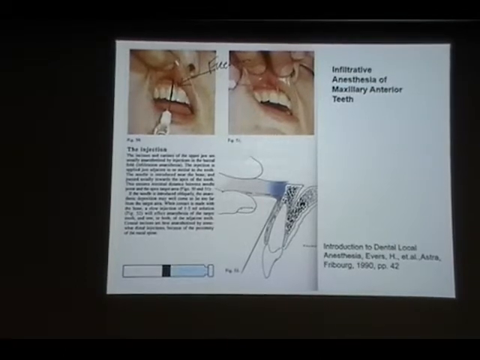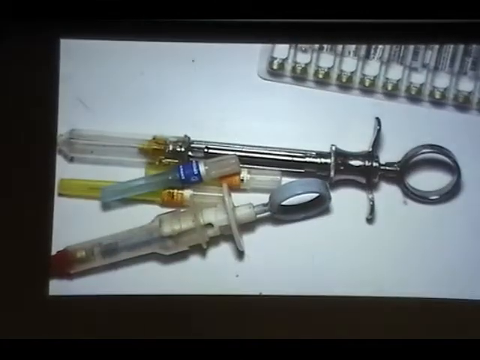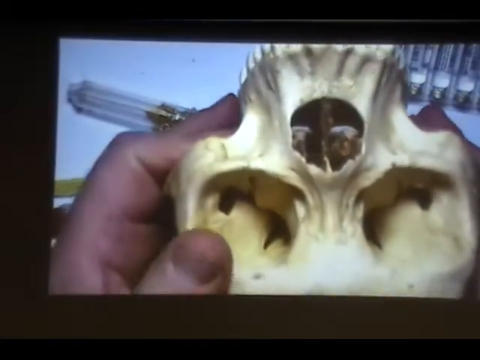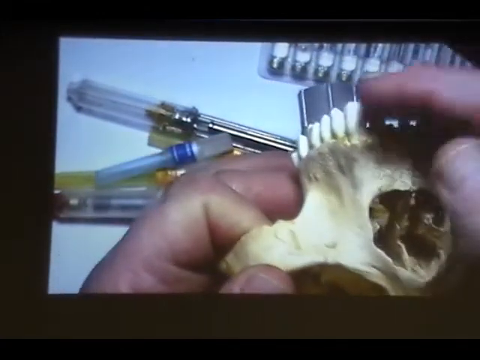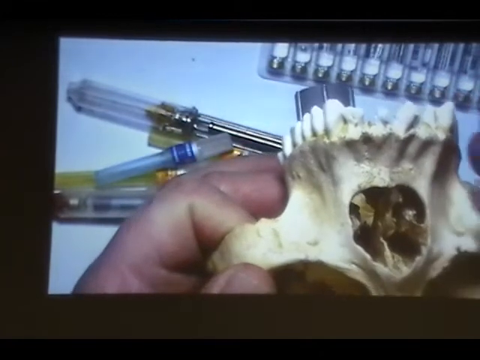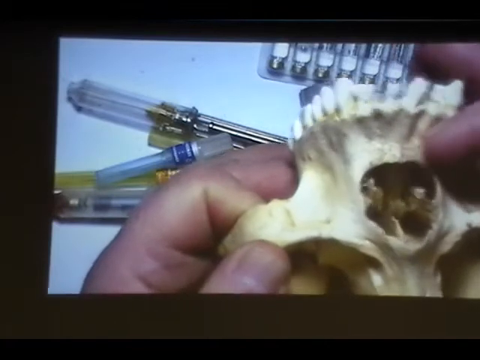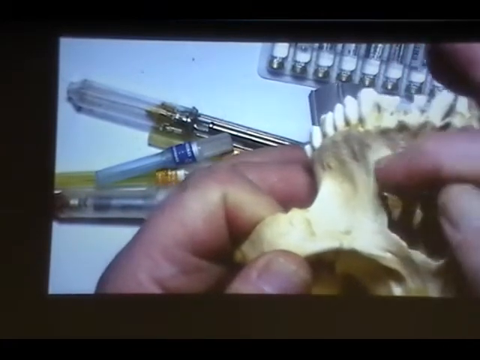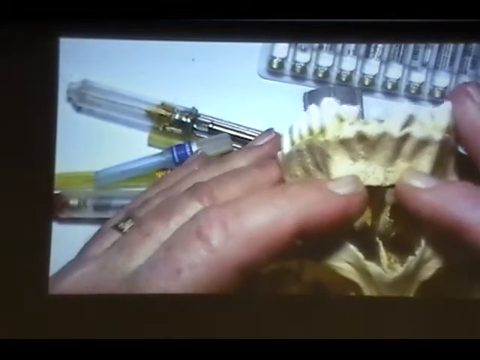Hopefully I can get back to the... Okay, so if we look at this area over here, here's maxillary dentition, not in very great shape, but as we bring the syringe up, if we keep it against bone, we're going to lodge in this bony area here, just at the floor of the nasal cavity.